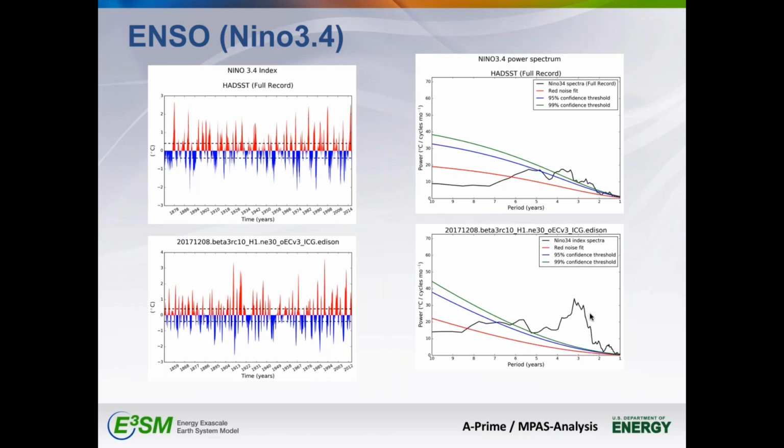Anvil would be too small. Cori KNL is not fast enough for the low resolution. Cori Haswell would probably be slightly faster than Edison, but Cori Haswell is small, so we may struggle. And so that's why Edison.